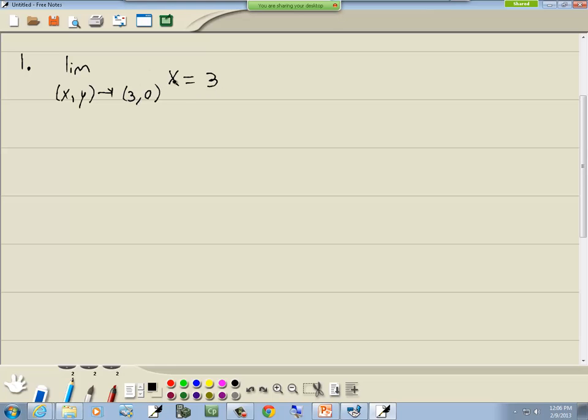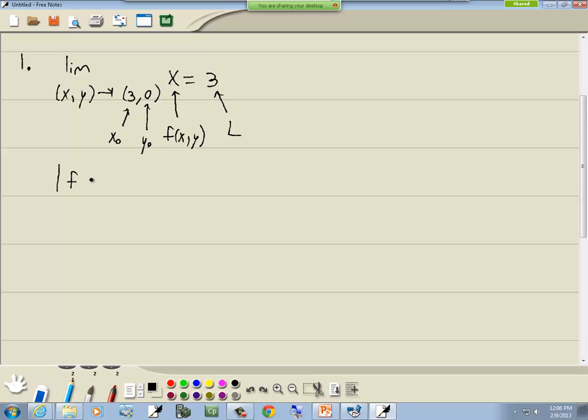Well, if we just looked at this here, not the right side, but here our x value is 3, so you just plug 3 in for x, and that's where they get the 3 at. Now, the x here is our f of xy. The 3 over here is our L. The 3 here is our x0, and the 0 is our y0. So that's how everything maps up.